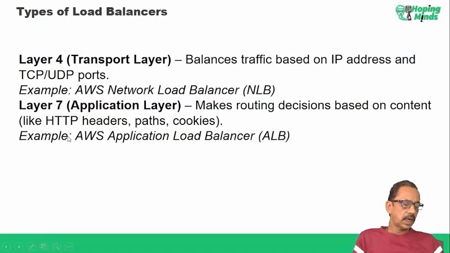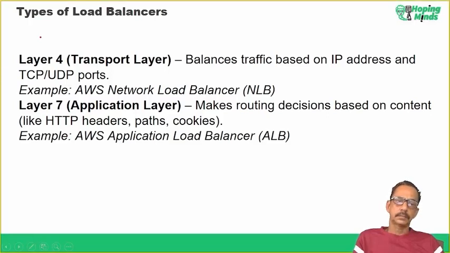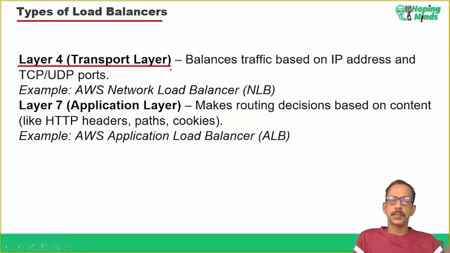Next, types of load balancer. One is layer 4, the transport layer. You should be a little bit familiar with the OSI model. Layer 4 is the transport layer in the OSI model. Which protocols work there?